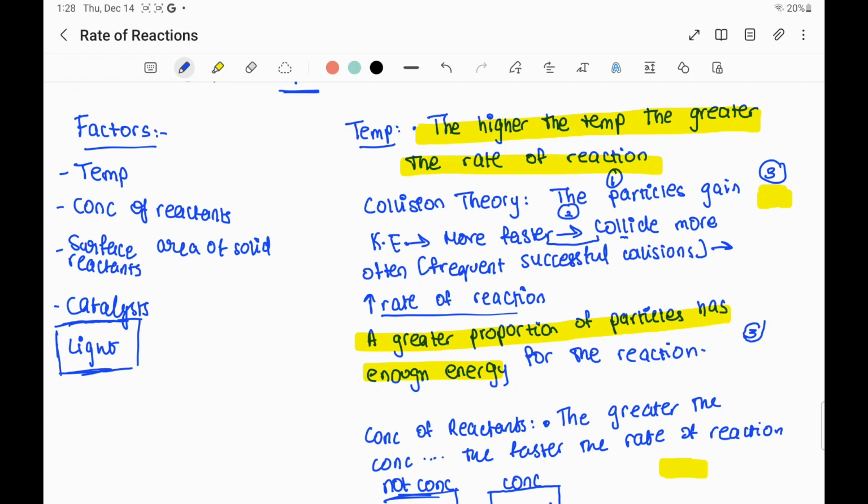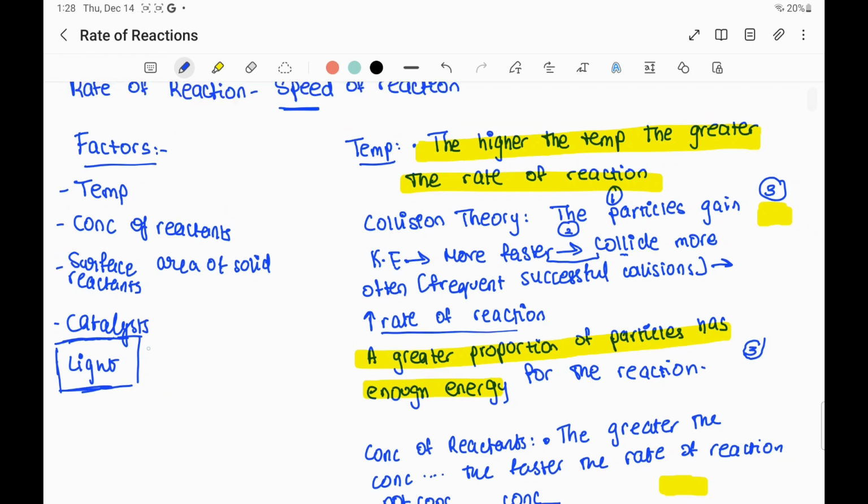And basically, there are photochemical reactions, so there are reactions that are affected by light. An example of that would be photosynthesis.